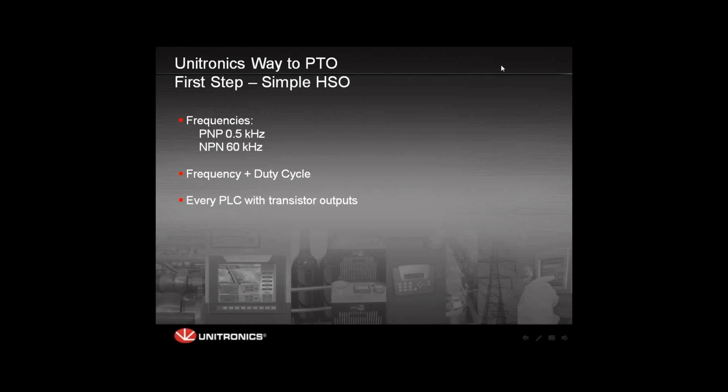This PTO had control on frequency and duty cycle. Now every PLC with transistor outputs contains this simple high-speed output. This was the very first attempt of Unitronics PLCs to control a high-speed output.